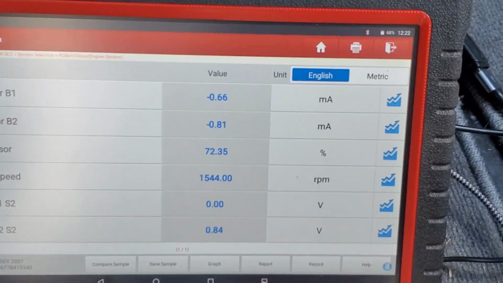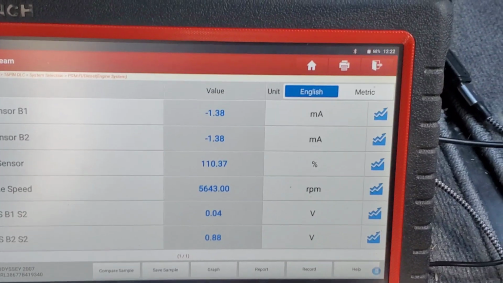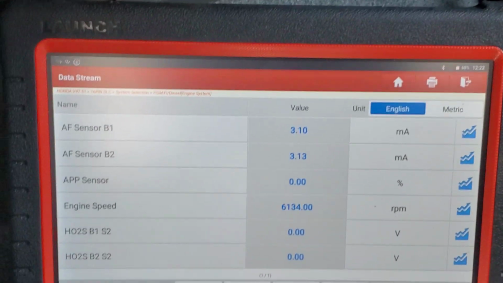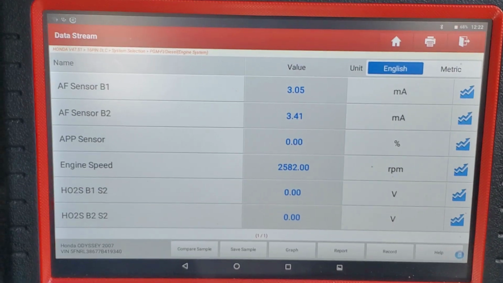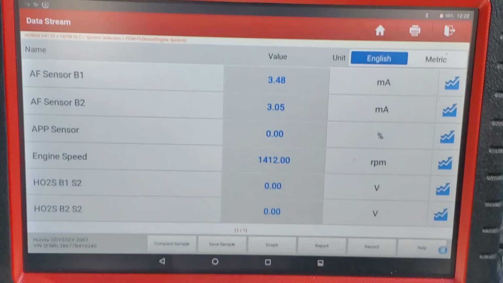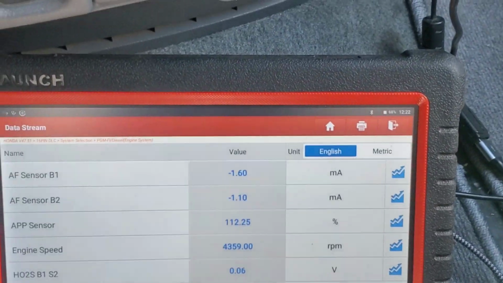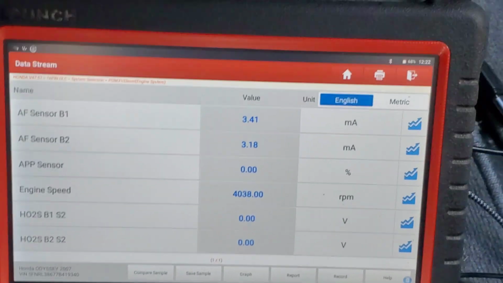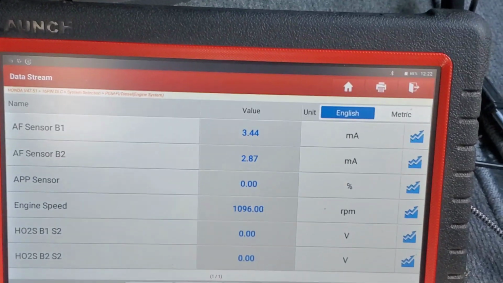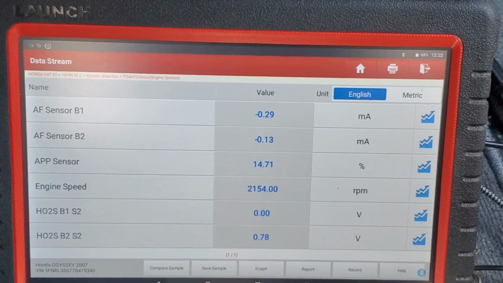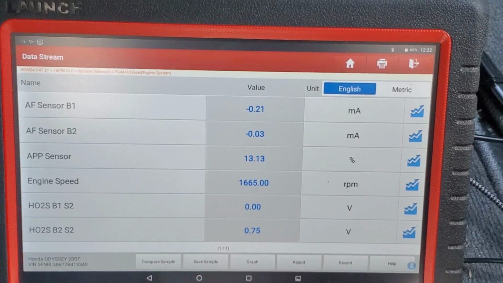If I look away from the screen, I apologize, because I gotta keep my eyes on the road. Acceleration. Okay, so that sensor is not producing the signal, so it's stuck there at the system set.